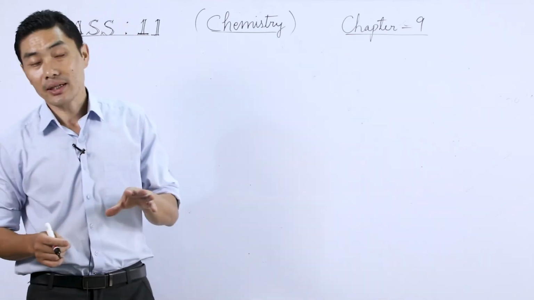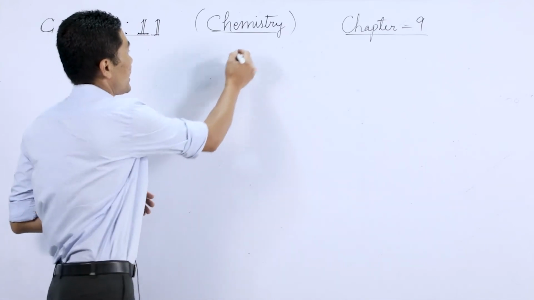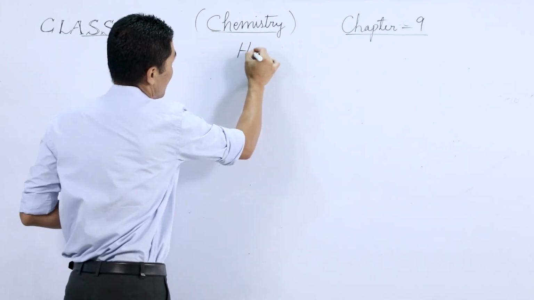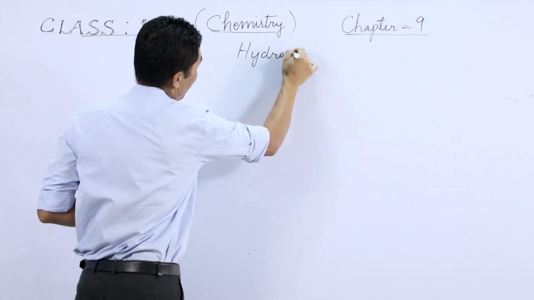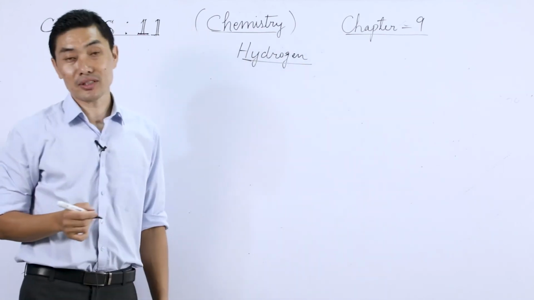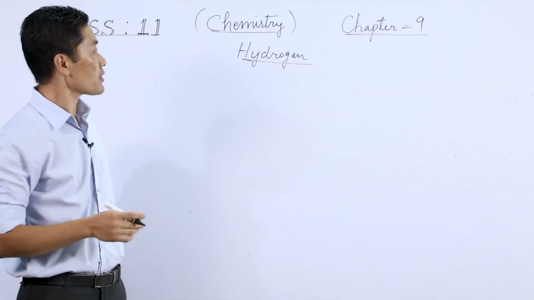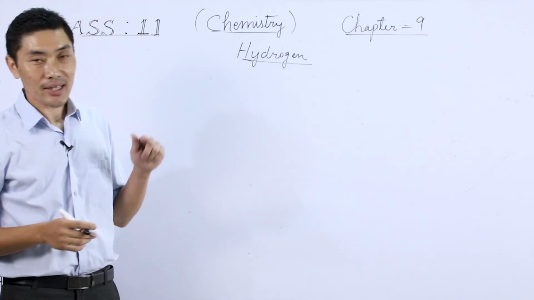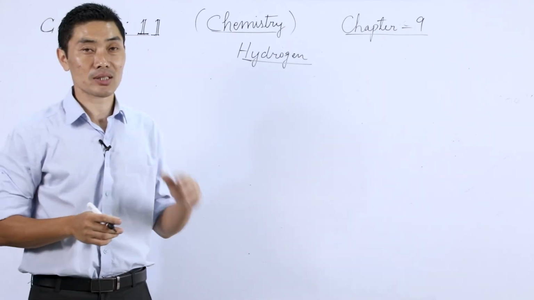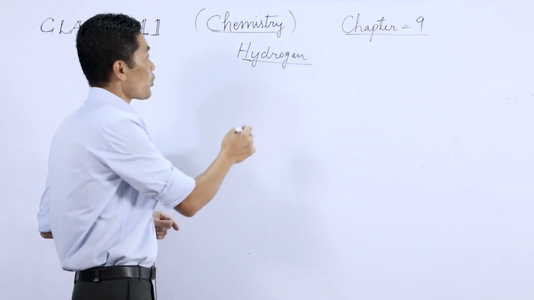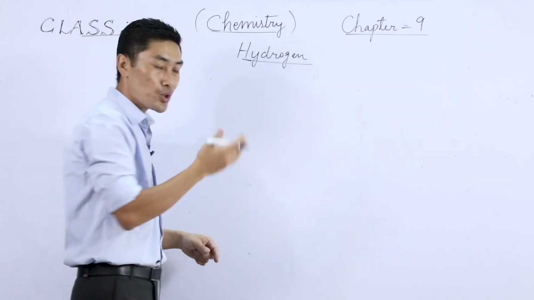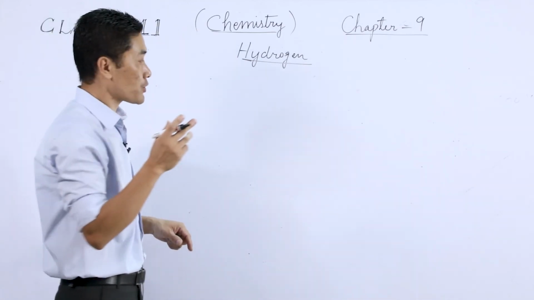Now, hydrogen is the lightest element among all the elements that we find, and it is the element with the simplest atomic structure. It has only one proton, no neutrons, and only one electron.